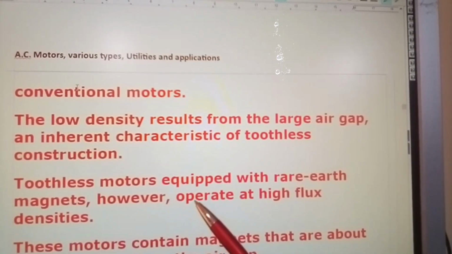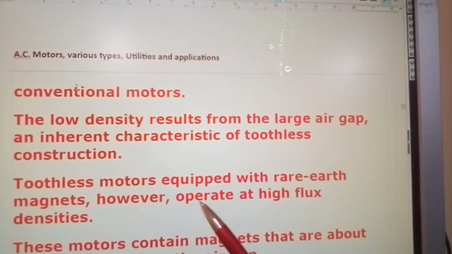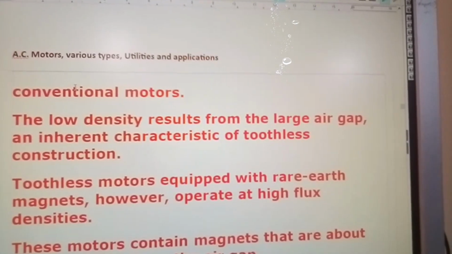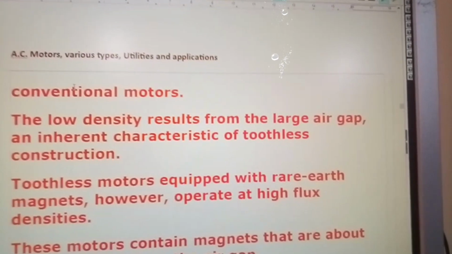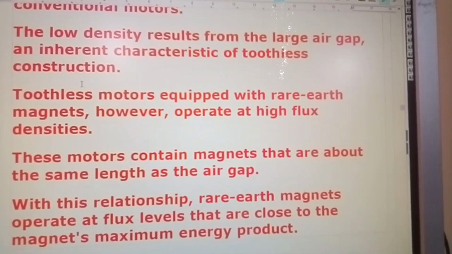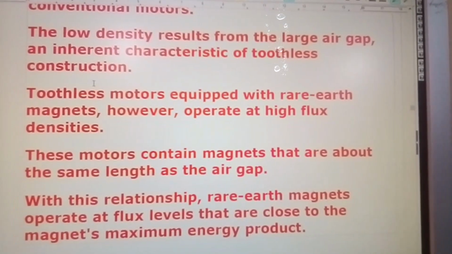Toothless motors equipped with rare earth magnets, however, operate at high flux densities. These motors contain magnets that are about the same length as the air gap. With this relationship, rare earth magnets operate at flux levels that are close to the magnet's maximum energy product.